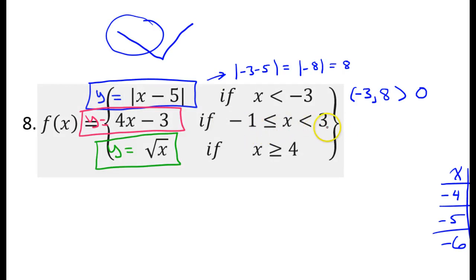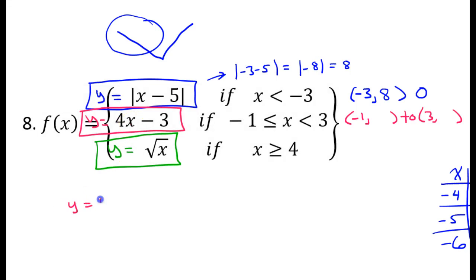Now, looking at the domain of the red piece, I see that there will be two endpoints. These are the x values of the endpoints, -1 comma something and 3 comma something. I need the y values. So I will plug in -1 into this function. I'll do that off to the side.